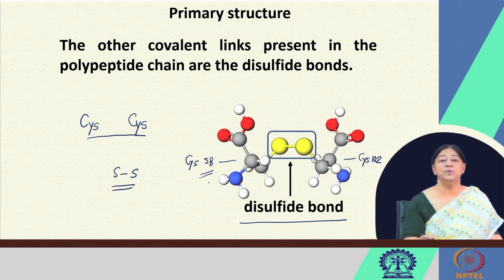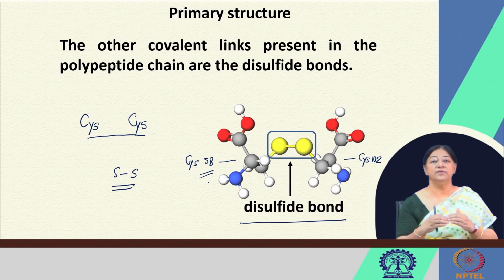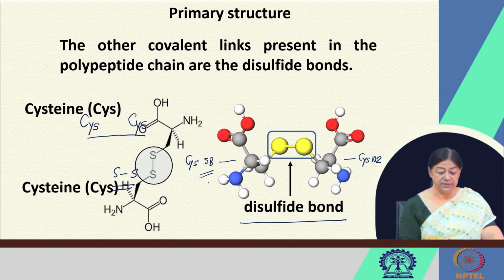So, what happens is when they come together, they bring different parts of the protein close to one another in 3-dimensional space, which we will see later on. So, the covalent bonds, apart from post-translational modifications, which I had mentioned earlier, these are the other covalent linkages that are present in proteins, the disulfide bonds, in addition to the peptide linkages that we studied.